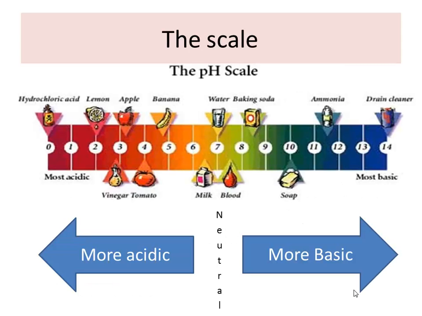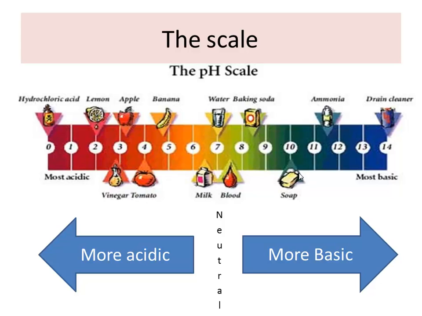The pH scale, you don't have to copy this down, but I have a couple slides of common substances. Certain things that are slightly acidic are milk and bananas. Pure water has a pH of 7. Our blood is slightly basic.